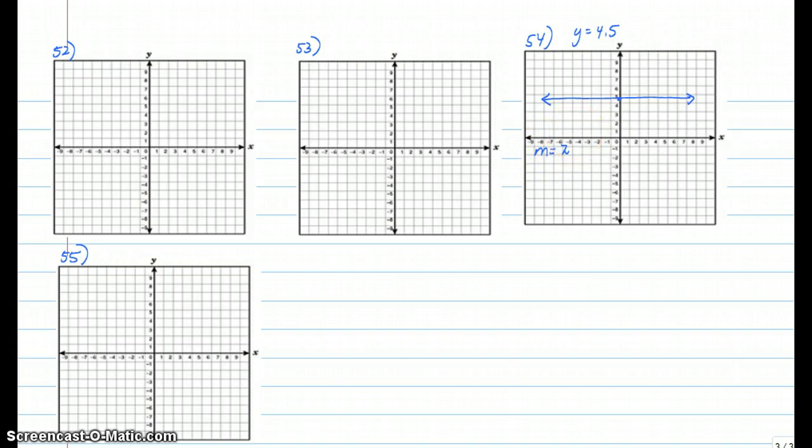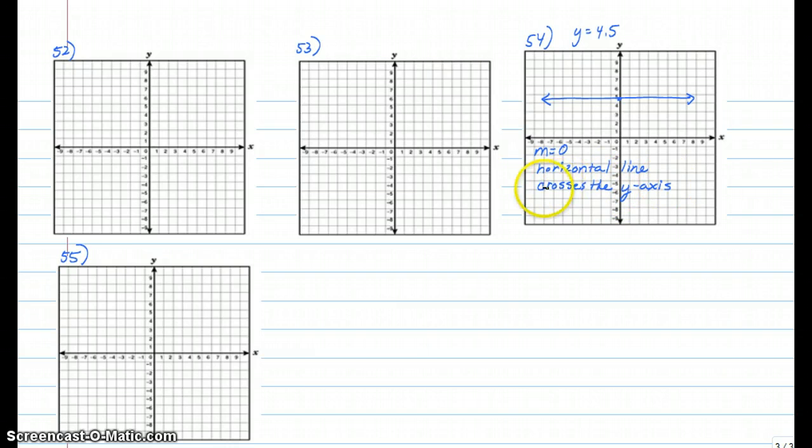Now let's just write the number 0. When m is 0, you have a horizontal line, and it crosses the y-axis.